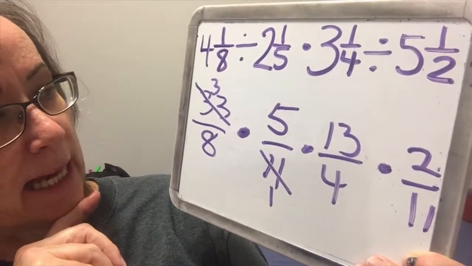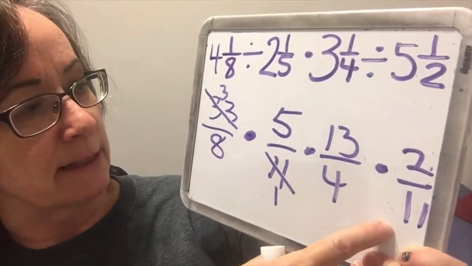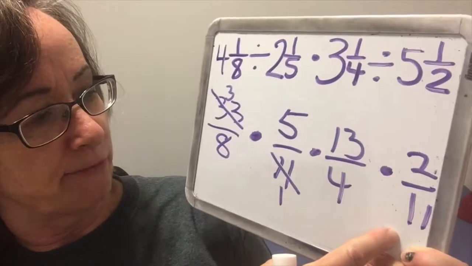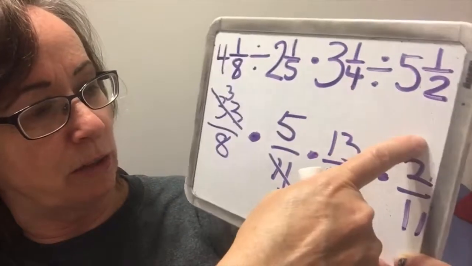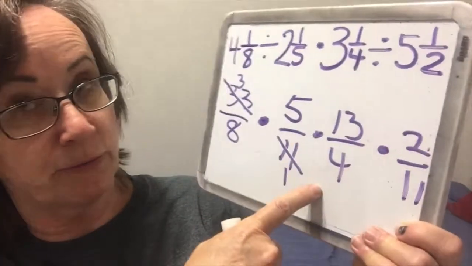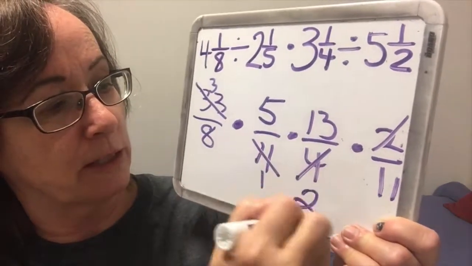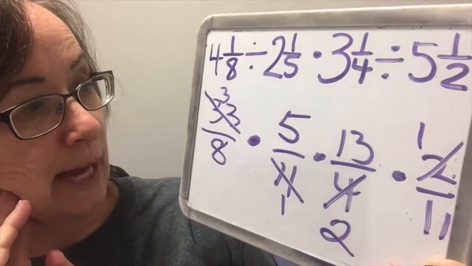And then I have a 3, but nothing down here has a 3. I have a 5, but nothing down here has a 5. A 13 and a 2. Now the 2 and the 4 will cancel. So we'll do the 2 and the 4 with a 2 and a 1. And I think I've done everything I can do to that.